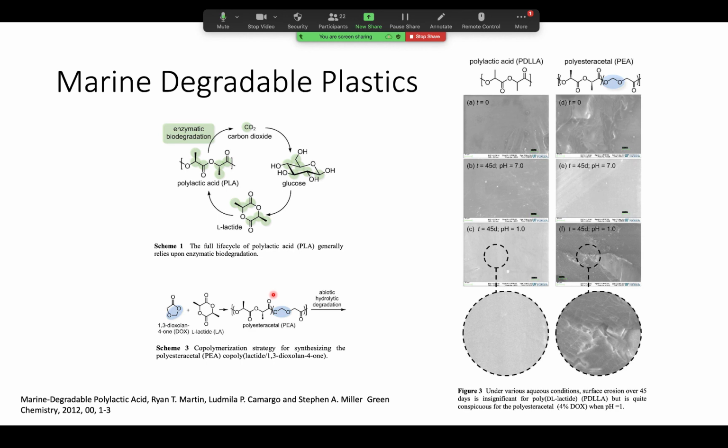And you can see here with the data they present that over the period of 45 days, the standard polylactic acid doesn't break down, but you're seeing a lot more degradation in the PEA introduced copolymerization of that polylactic acid. So it's kind of showing where we're moving in the direction of solving some problems, but some problems still remain. So really interesting chemistry like this will help those different use cases, right?